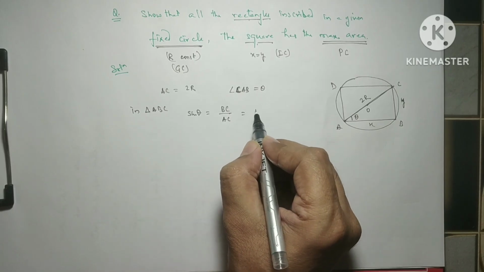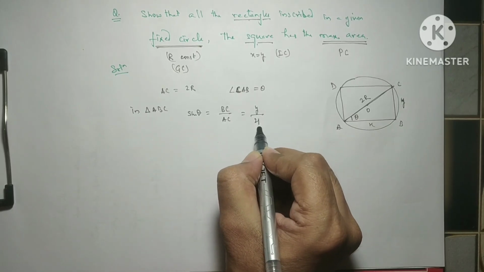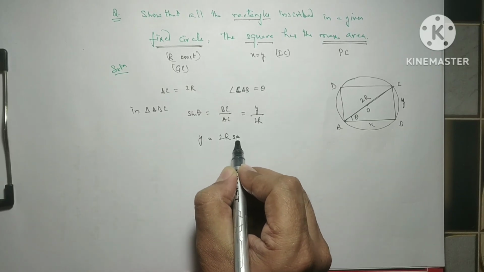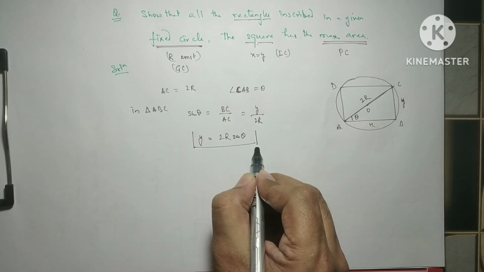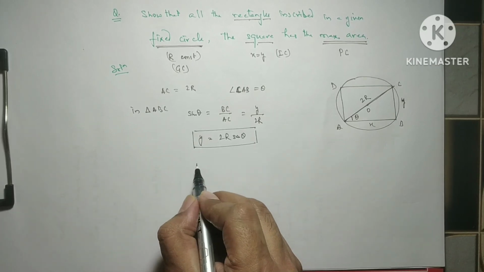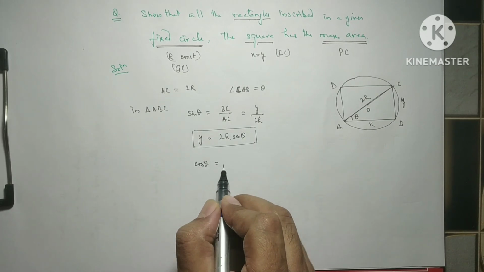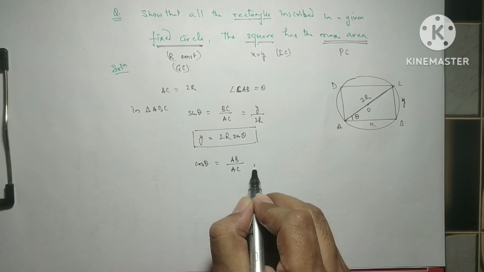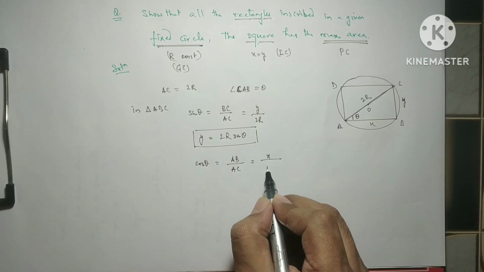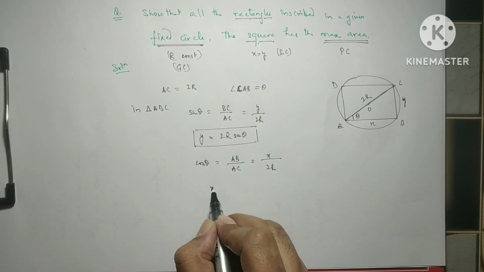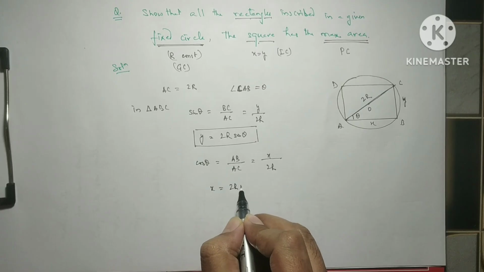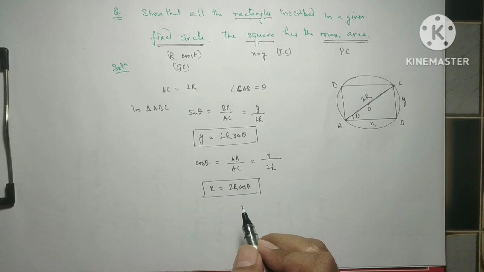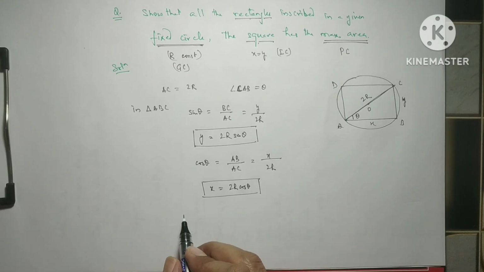BC is y and AC is 2r. So we get y equals 2r sine theta. When we consider cos theta, it is base AB over hypotenuse AC, that is x over 2r. So the value of x is 2r cos theta. So x and y are the dimensions of rectangle ABCD.